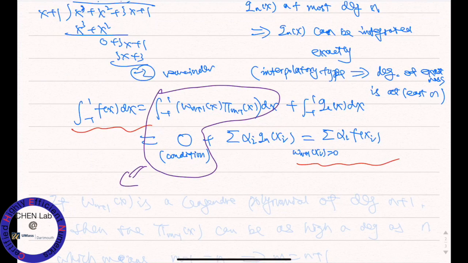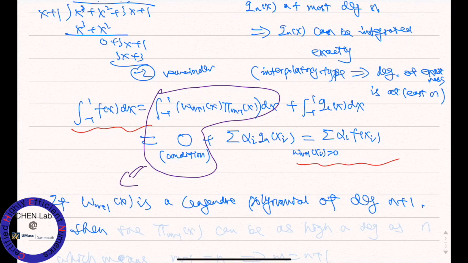As we just discussed, the observation is that omega n plus 1 of x is a polynomial of degree n plus 1, but what type of polynomial is up to how you choose the points. If you choose the points to be the zeros of the Legendre polynomial, then it will be the Legendre polynomial of degree n plus 1.